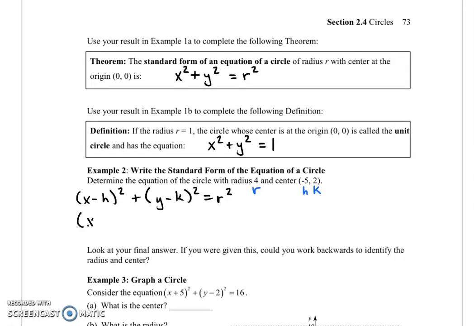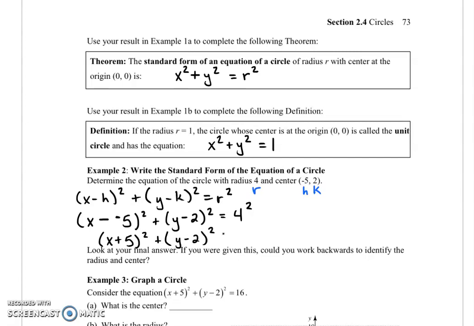Now we plug in: (x minus negative 5) squared plus (y minus 2) squared equals 4 squared. Now the last thing we have to do is clean up. x minus a negative 5 is x plus 5, squared. (y minus 2) squared stays the same, and 4 squared is 16. So this is our final answer.